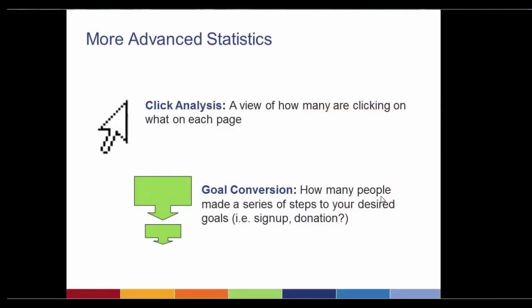As we think about that type of thing, we can also add in a more complex idea like click analysis. So not only where did they come from, but where did they go? How many are clicking on what to go to what on each page? And if you're looking at that, then you can start to think about goal conversion. So how many actually made it to signing up for your newsletter, for instance?